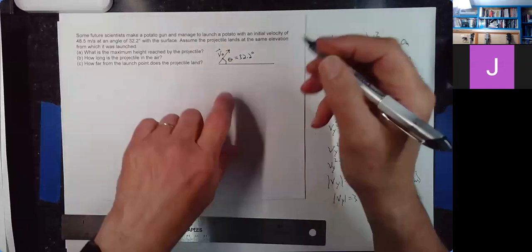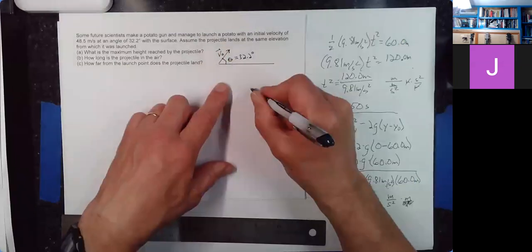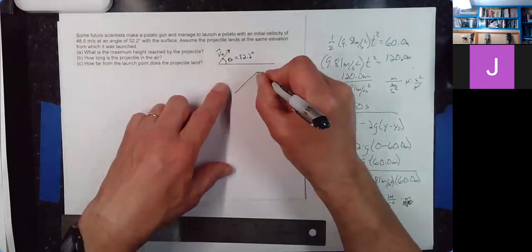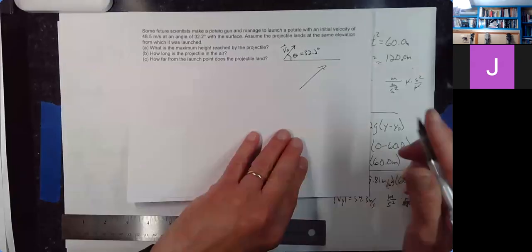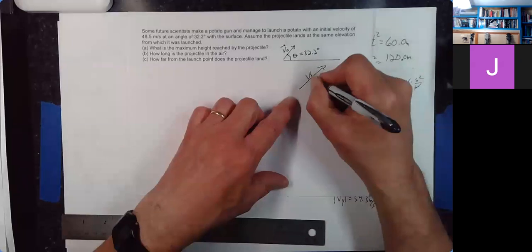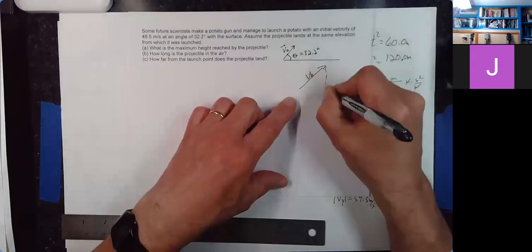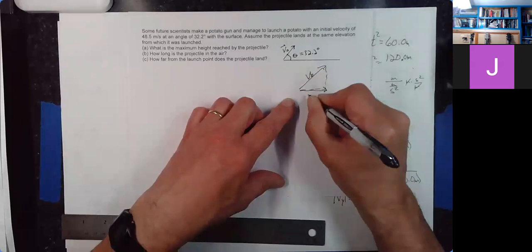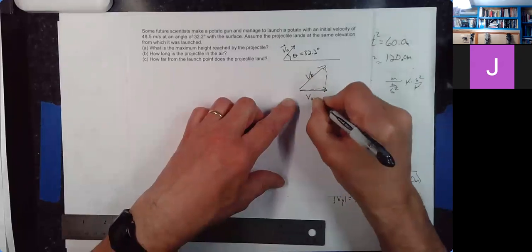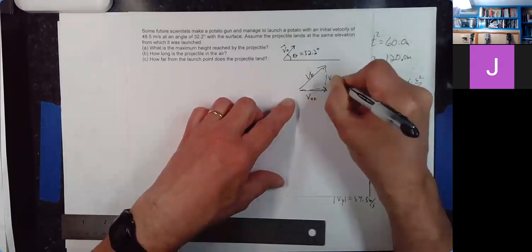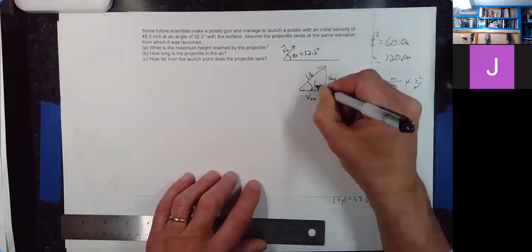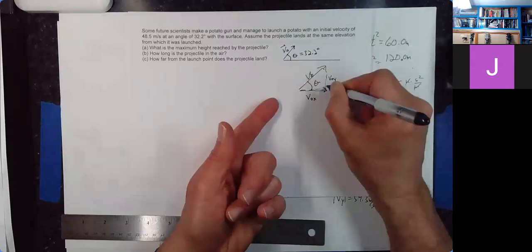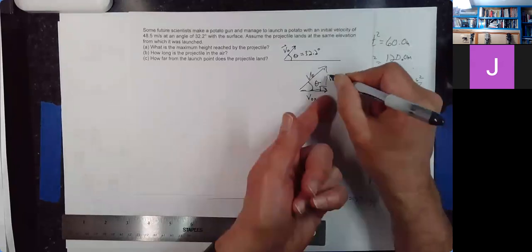So if I wanted to, I could draw myself a little triangle down here that has V naught in it, and V naught is made of V naught X and V naught Y. And this is theta. And there is a nice right triangle. X and Y are perpendicular to each other.